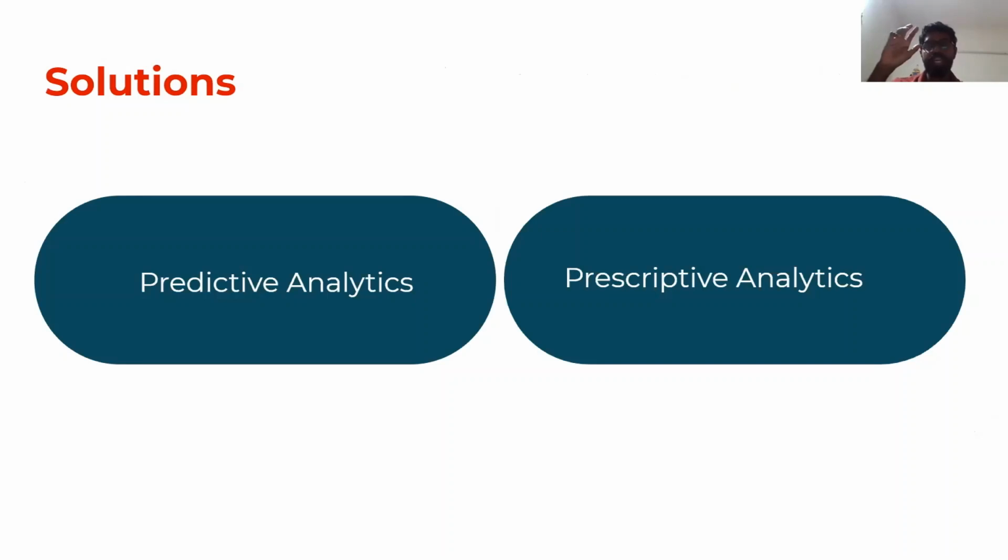Now it can be tackled by using primarily two kinds of analytics frameworks. One is prescriptive or descriptive analytics, and one is predictive analytics, right? Prescriptive analytics, in a sense, is us using a variable and analyzing the data according to that particular variable, and then finding if there are any patterns in it.